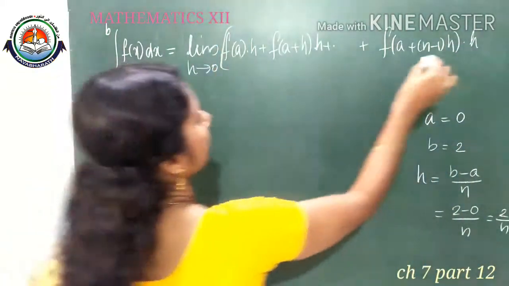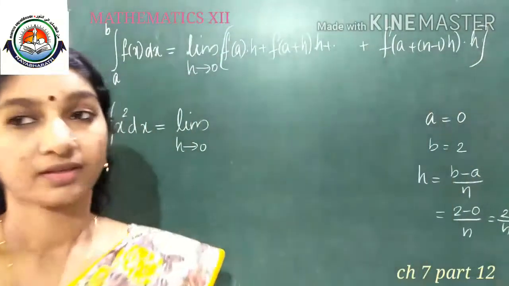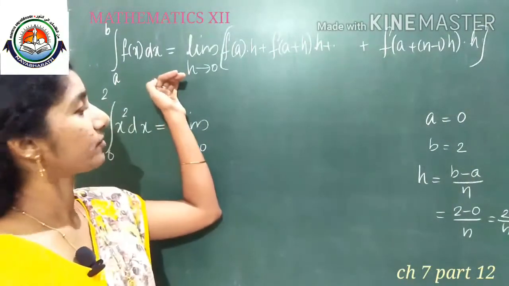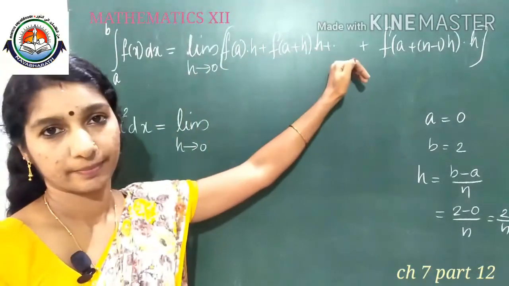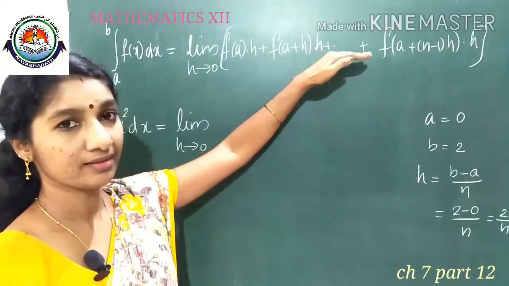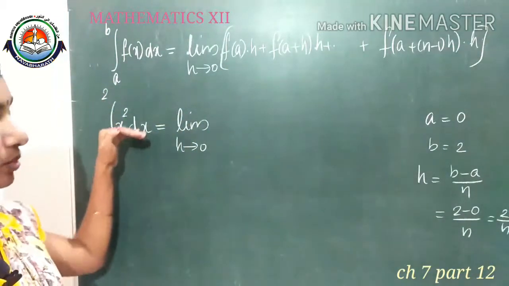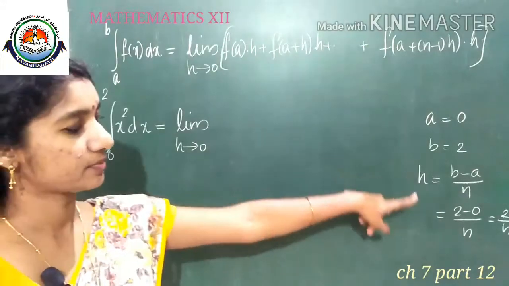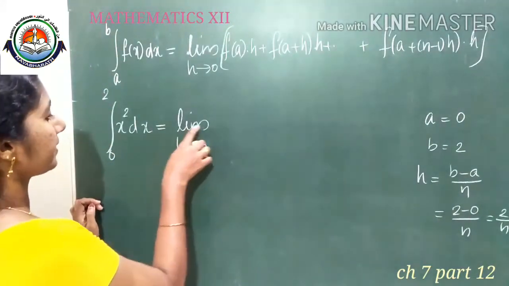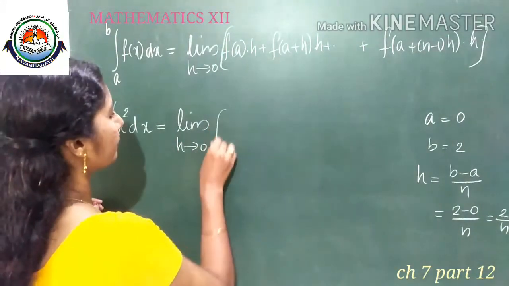Okay, this sum. Now we studied this one, integral a to b f of x dx equal to limit h tends to 0, this sum. So we are going to find the value integral 0 to 2 x square dx. So we need to know what is h, what is a, what is b. So for that, limit h tends to 0, f of a.